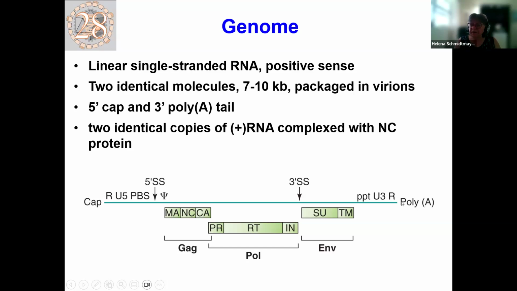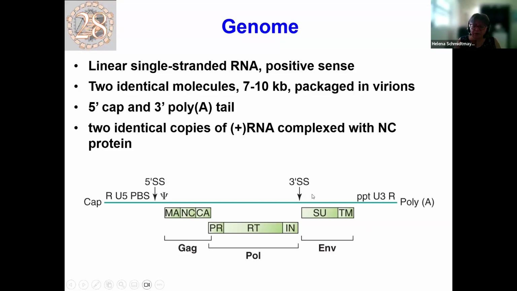Now, these three major gene groups encode: GAG nucleocapsid, matrix, and capsid. POL encodes reverse transcriptase, protease, and integrase, and ENV the transmembrane and surface proteins.